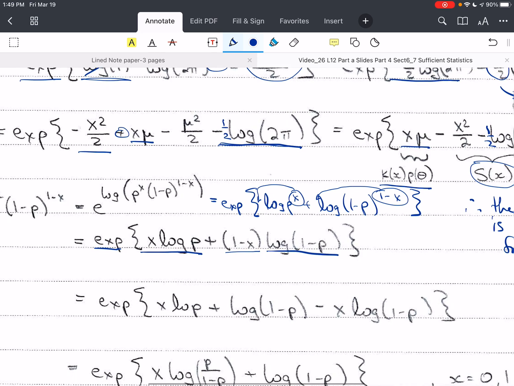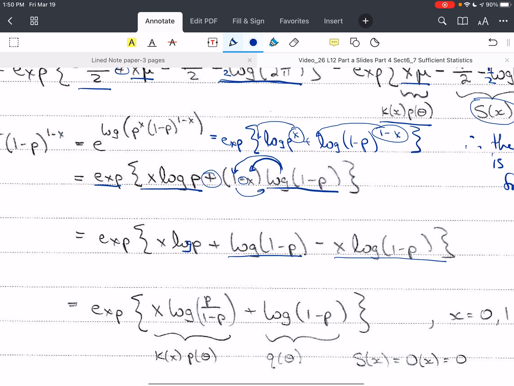And then I'm going to distribute the log, actually, across the 1 minus x here. So this is going to distribute across there. And so I get x log p, missing the g there, plus 1 times log 1 minus p, minus x times log 1 minus p.